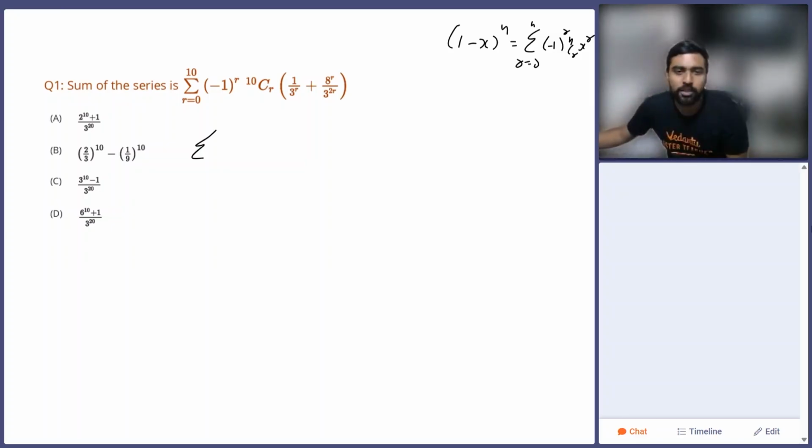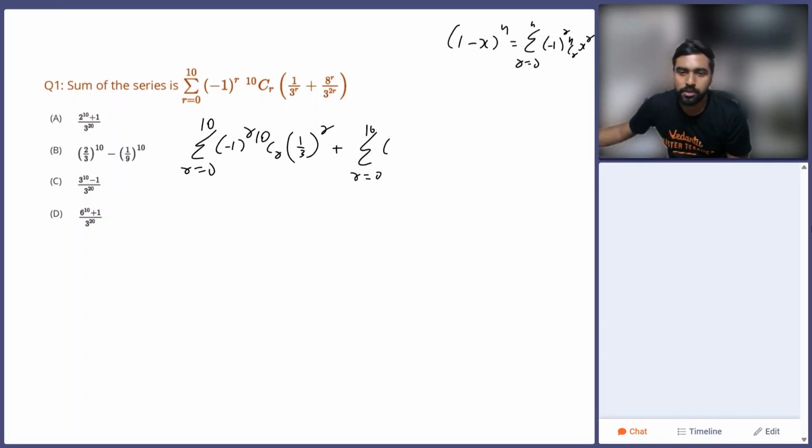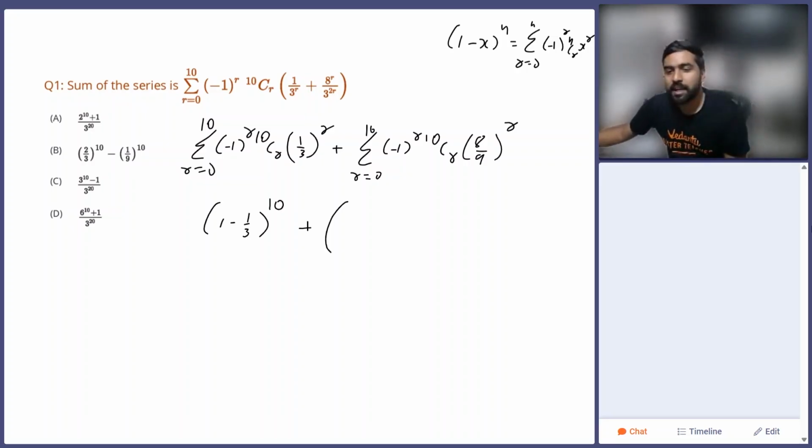Basically, if you break along the plus sign, you'll get summation r equal to 0 to 10, minus 1 power r, 10 cr, 1 by 3 power r, plus summation r equal to 0 to 10, minus 1 power r, 10 cr, 8 upon 9 power r. 3 squared is 9, so I can just write it directly as such. So this is nothing but 1 minus 1 by 3, power 10, plus 1 minus 8 by 9, power 10.